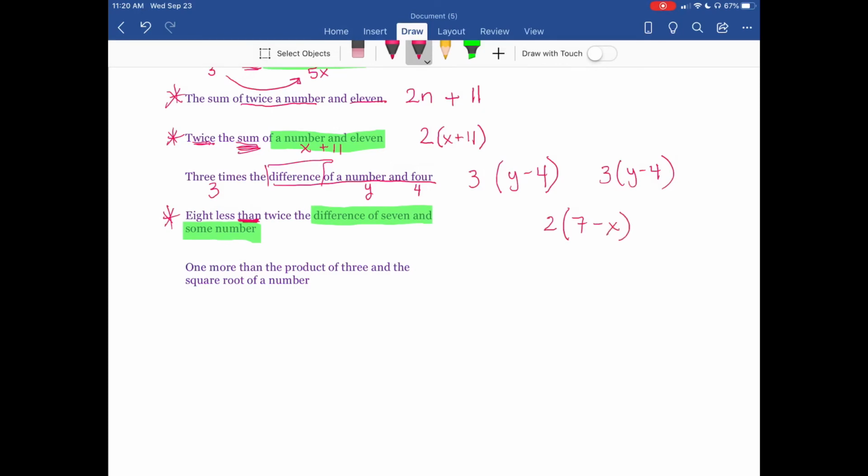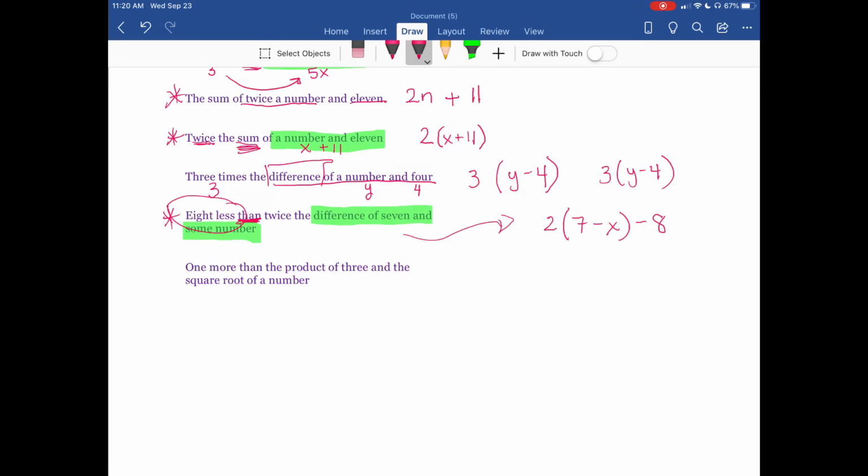So what we have in green highlighter is what we have expressed there. Twice the difference of 7 and some number. And what do I want to do? I want to take 8 away from that, because we're saying this expression is 8 less than that. And it's a turnaround, the "than." So that leaves us with this expression.